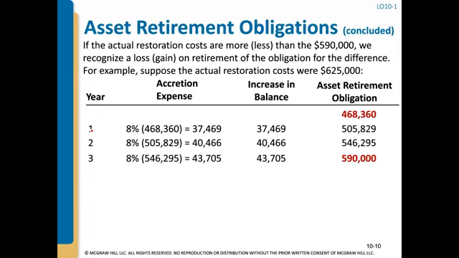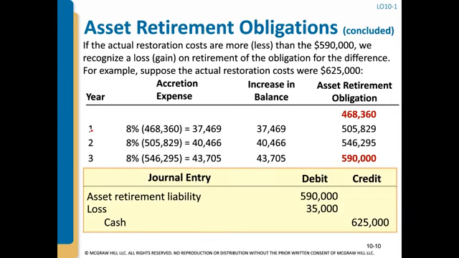Now what happens if the actual restoration, let's just say that at the end of year 3, we extracted that copper and now we have to restore that land back to its original form, and it actually costs us $625,000 to do that, not $590,000. Well, we had to pay for that restoration of that land, $625,000.